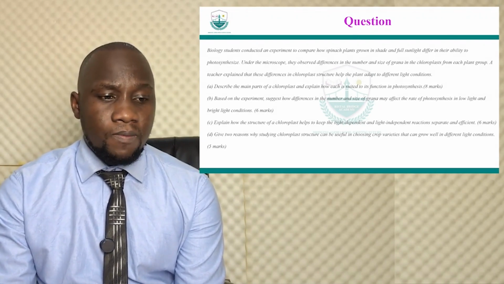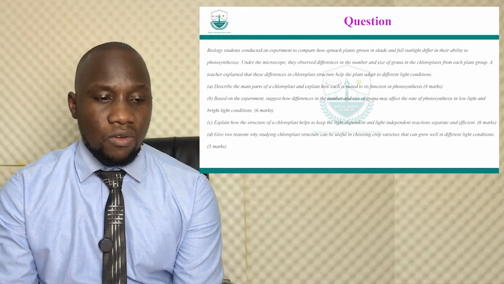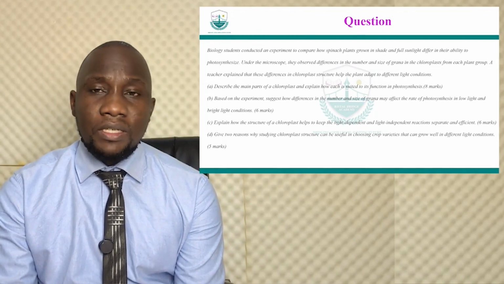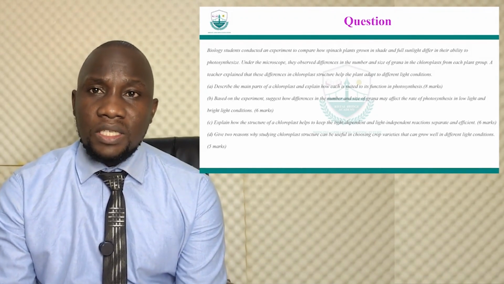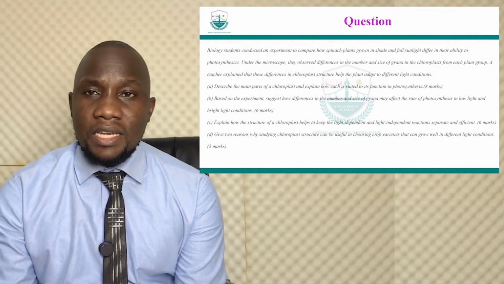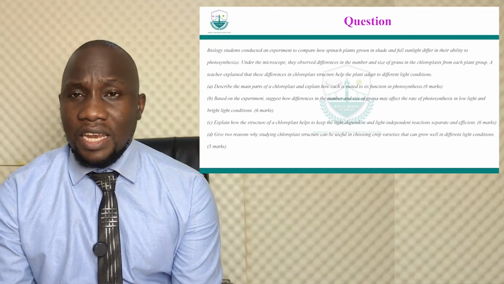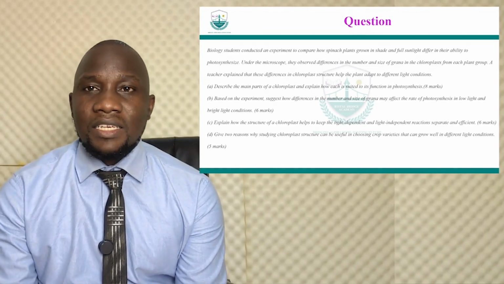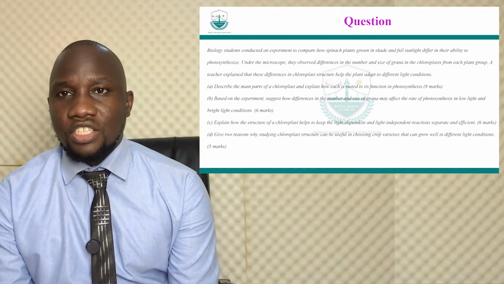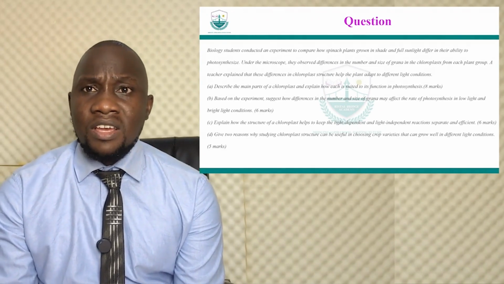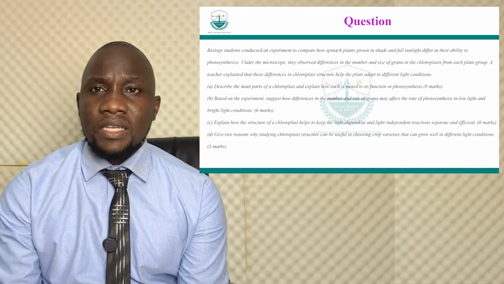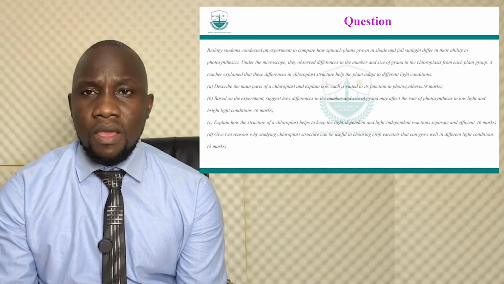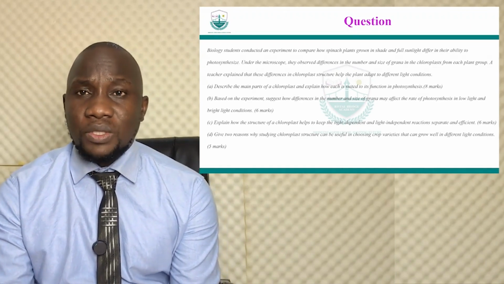And then part C of the question is about how the process of photosynthesis, which has light stage and dark stage, or basically light dependent stage and light independent stage, how is the structure of the chloroplast efficient in handling these two processes?